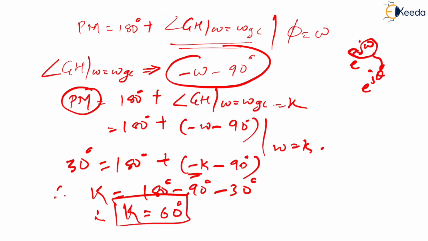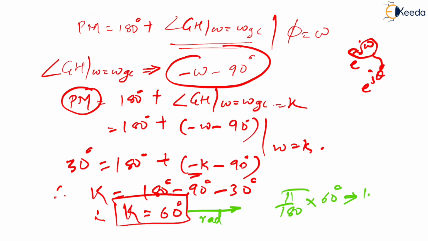But since it is a gain, we are not supposed to keep it in degrees. In such cases, what we do is very important: we make it in radians, correct? In order to do that, I simply multiply 60 degrees by pi by 180.